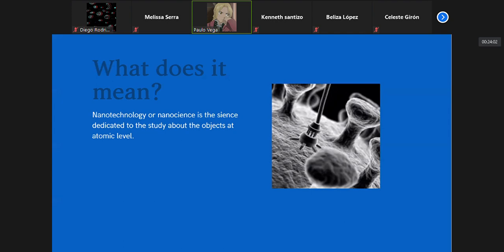What does it mean? Nanoscience and nanotechnology can be related to the application and study of things at the level of nanometers. It can be used in all fields of science because it's a technology and a science that covers a lot of topics.